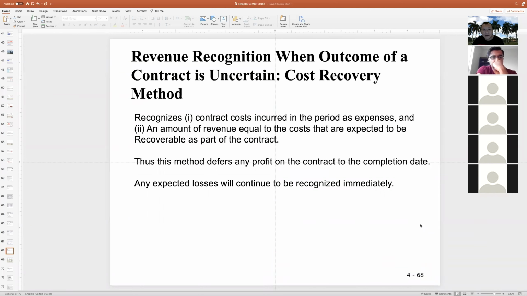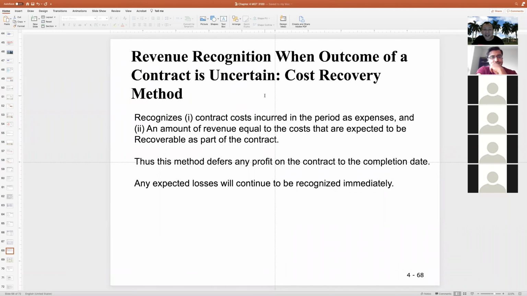When the outcome of a contract is uncertain, you really don't know how things are going to end up, so then you use the cost recovery method. What is the cost recovery method?